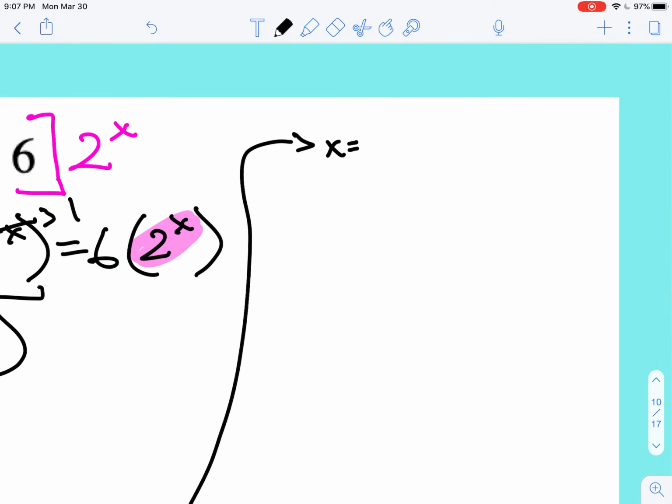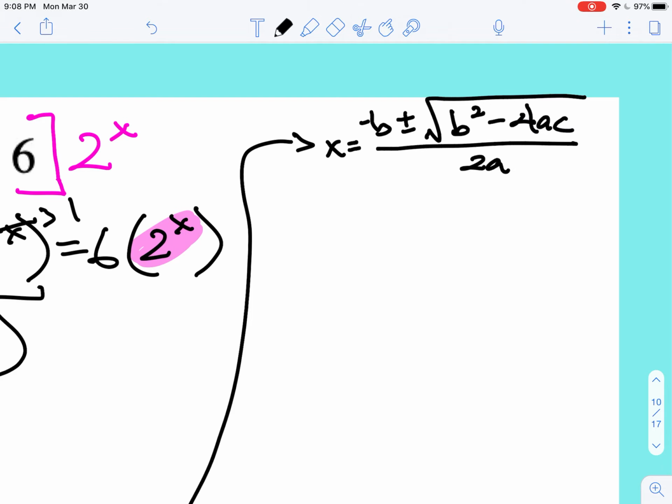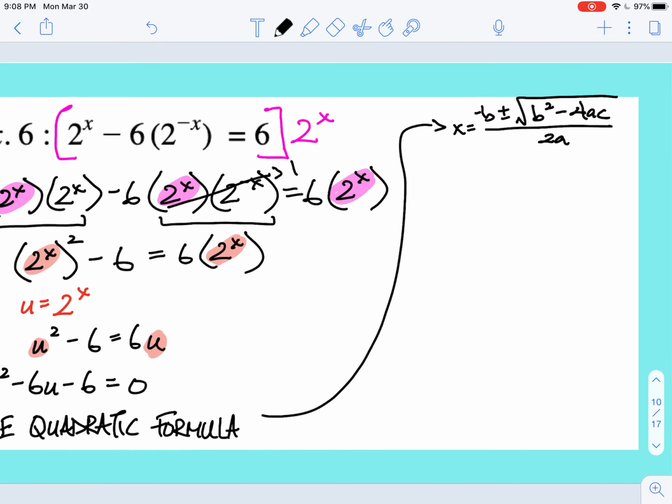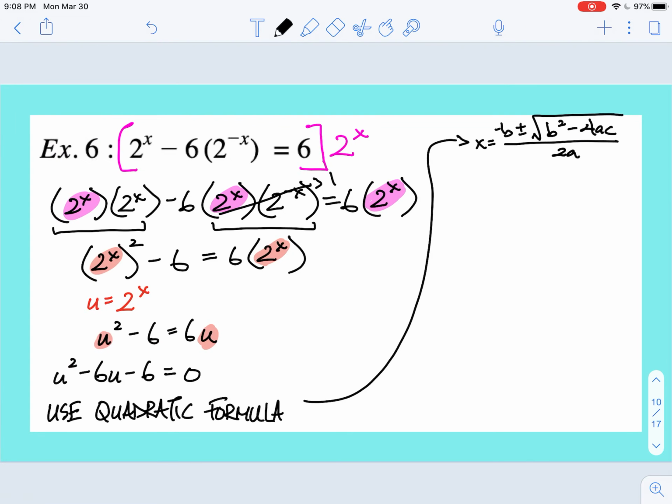I've got x equals negative b plus or minus the square root of b squared minus 4ac all over 2a. And let's go back to our quadratic and determine our a, in this case, is 1, our b is negative 6, and our c is also negative 6.